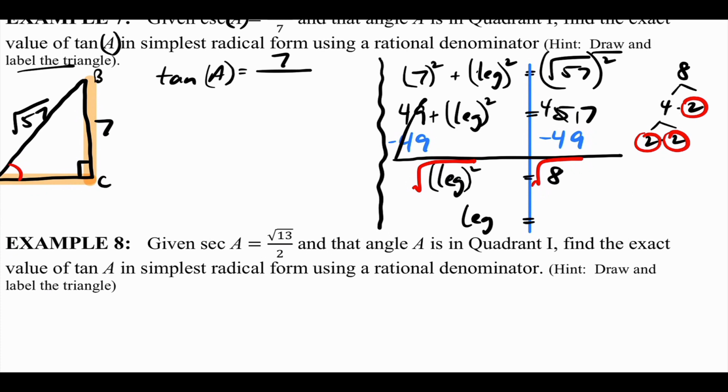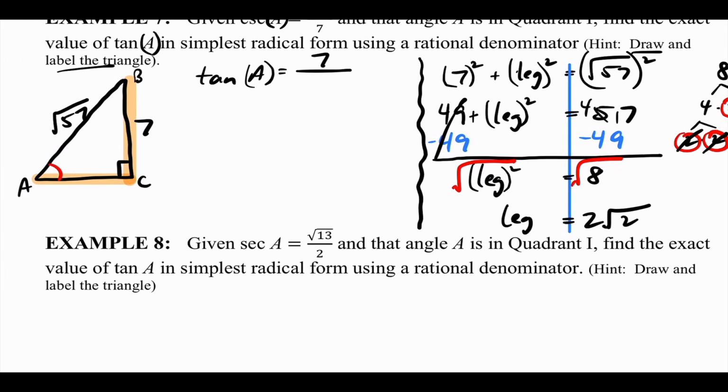So that means I can take out one 2, and that leaves a 2 on the inside. So that means this side over here is 2 times the square root of 2, which means this side goes over here.